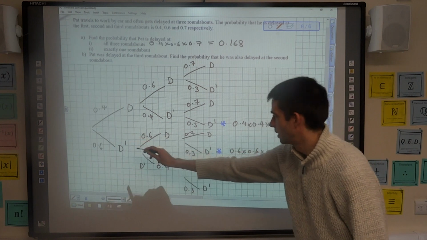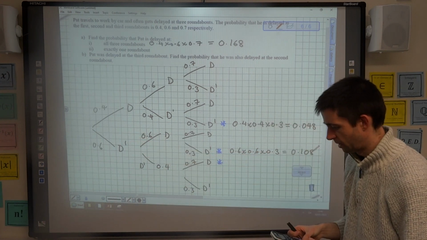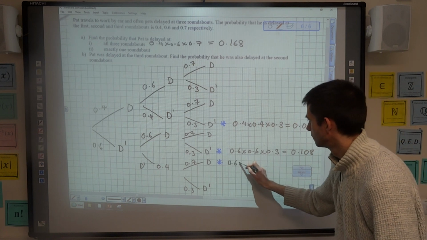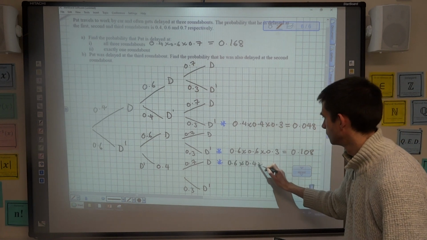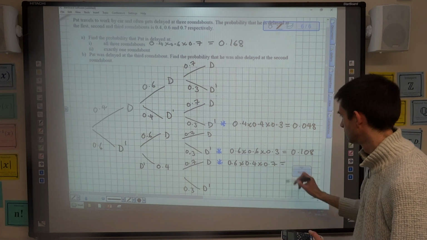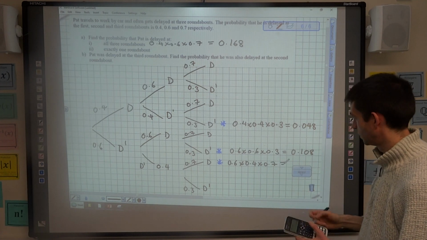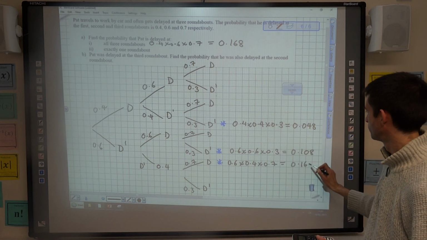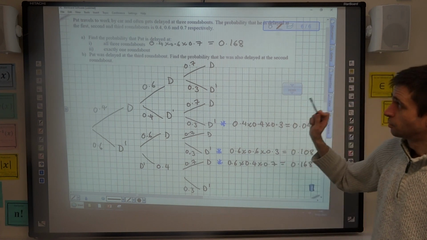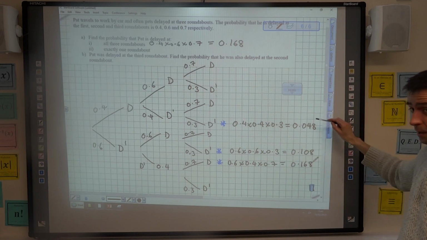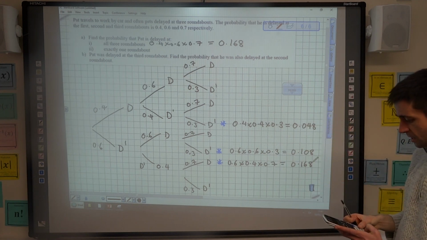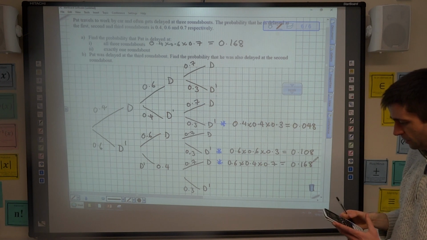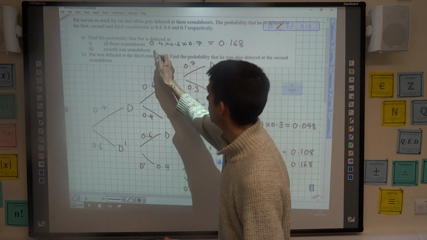And the final one, we've got 0.6 multiplied by 0.4 multiplied by 0.7, which is 0.168. Okay, so probability to be delayed at exactly 1 roundabout is the sum of those 3 possible ways of it happening. So I'm just going to quickly do that now, and you get 0.324.